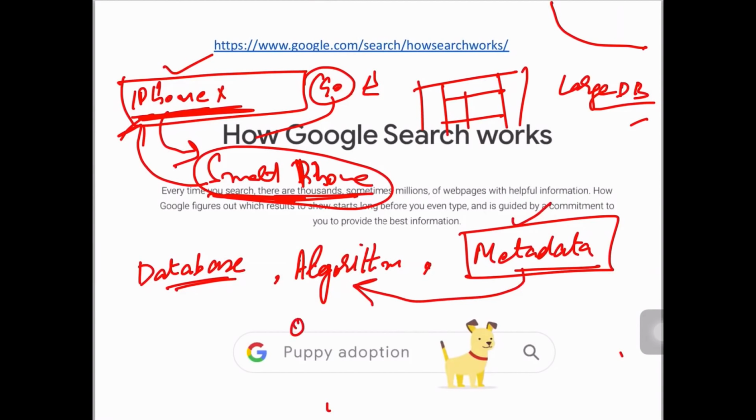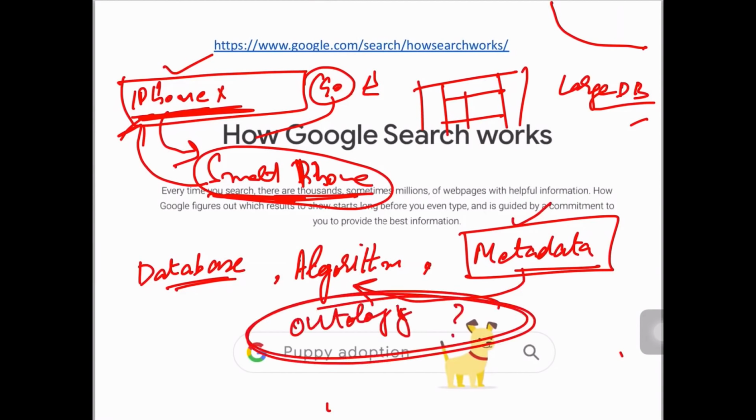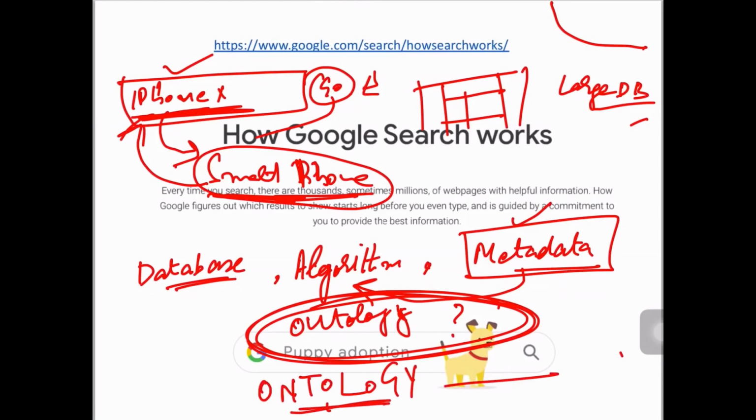Algorithms now will have the ontology. You have to search on the internet what ontology is, and you will find it. We will definitely discuss ontology in detail in the next classes. At this time you can look up what ontology is and the role of ontology in information retrieval.